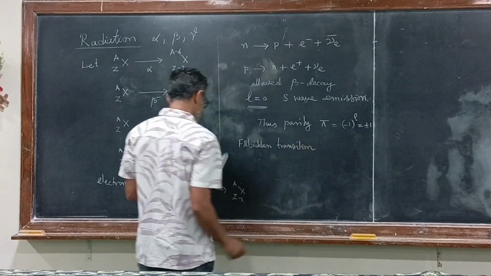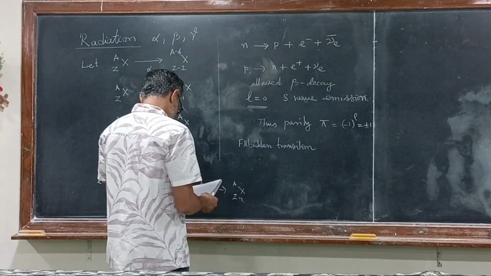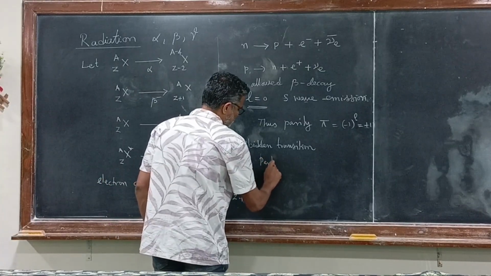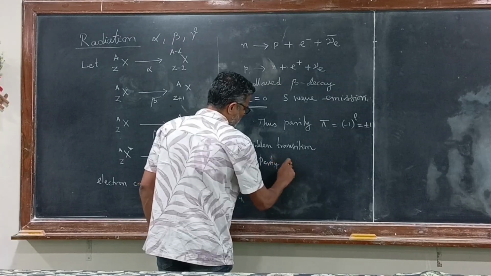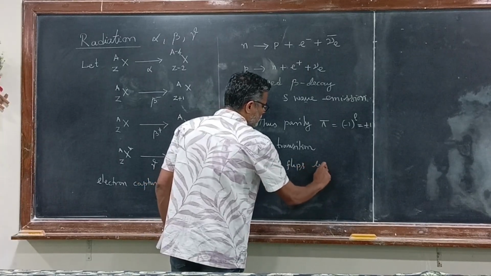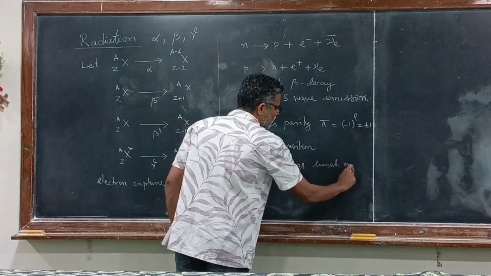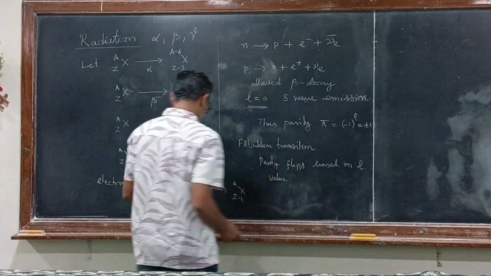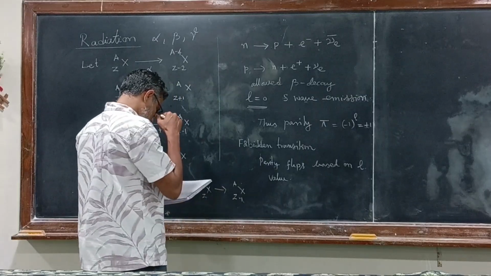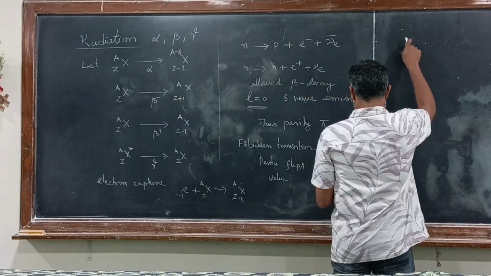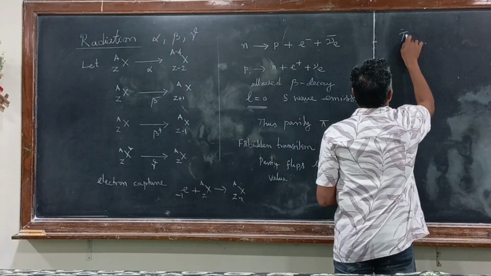The forbidden transition depends on, let's say, the parity will flip based on the L value. For example, this is a comparison of the types of beta decay.